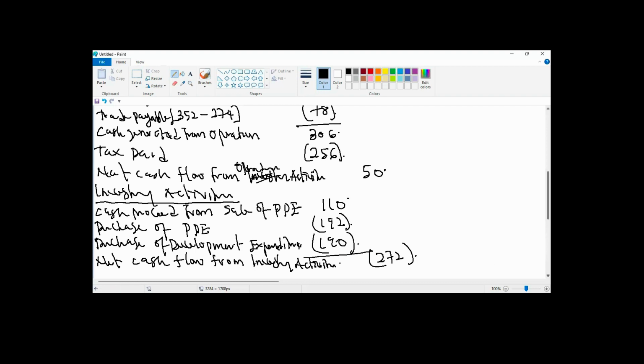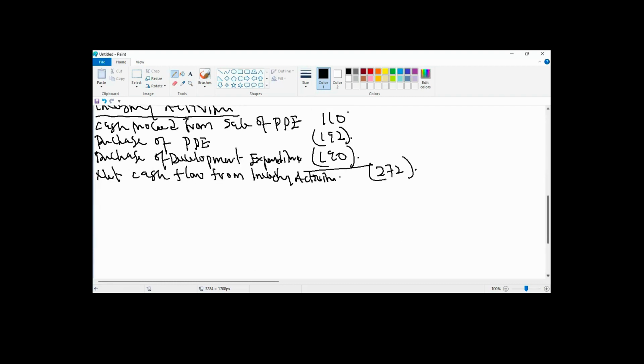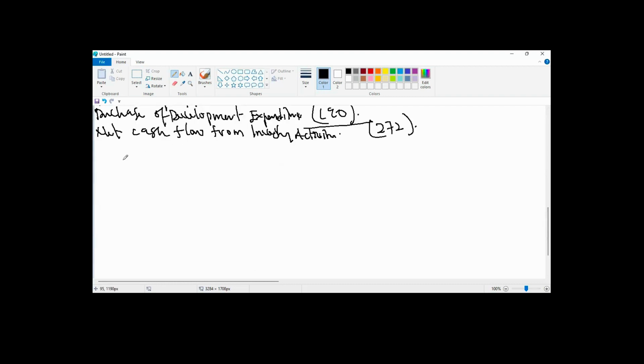The next is financing. Don't forget, financing activities: share capital, share premium, dividend paid, borrowing, finance costs, and lease payments.